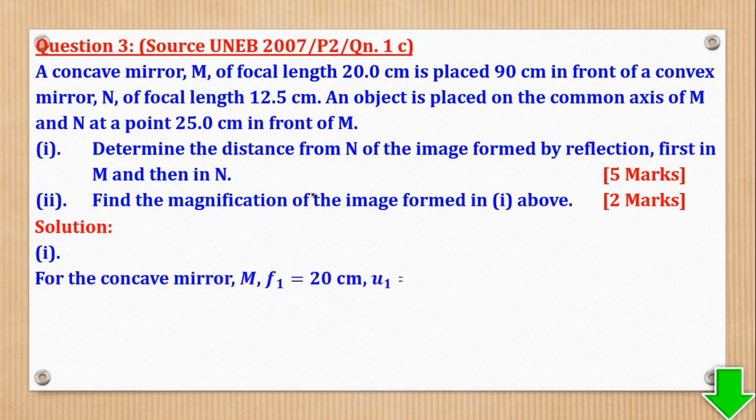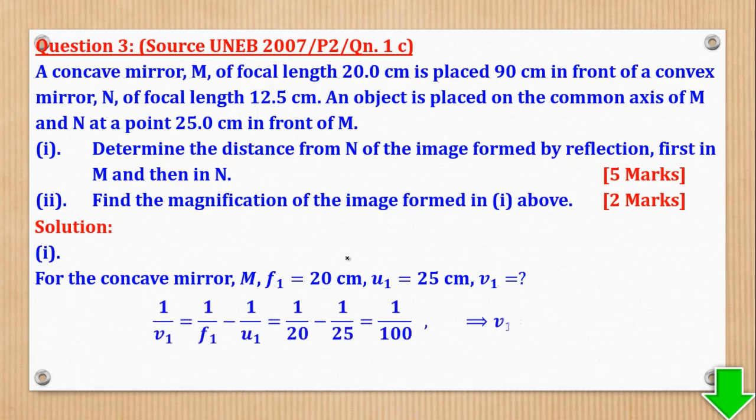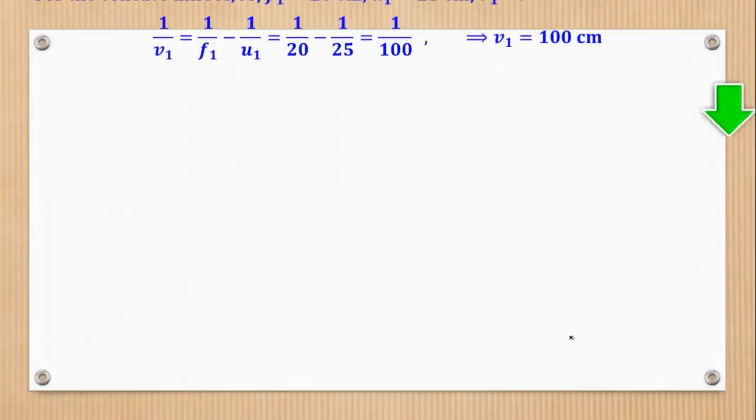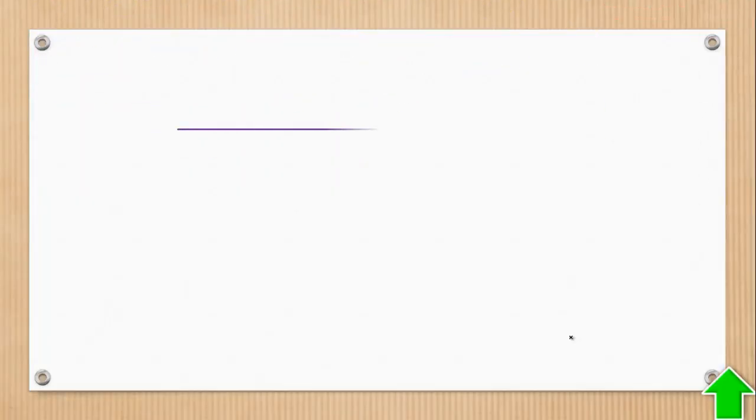So for the concave mirror M, focal length is that, object distance is that. Then you can use the mirror formula to get the image distance, which is 100. Therefore, we can now come and make our sketch.